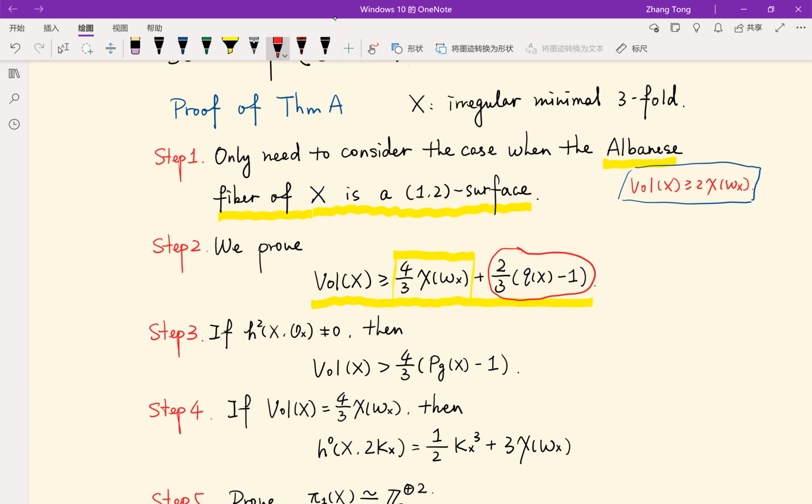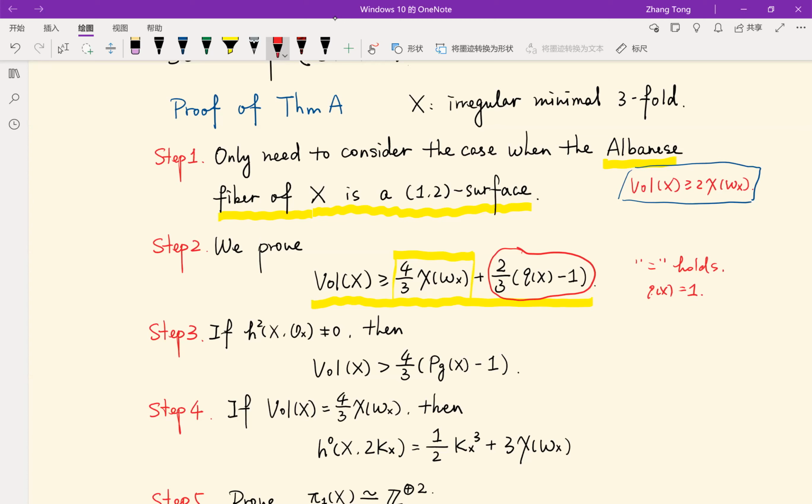First, it implies the inequality we want, because this is in fact stronger than that one. And this also tells us that when the equality holds, suppose the equality holds, then this QX must be 1. Okay, so we have the first piece of information about the equality case.